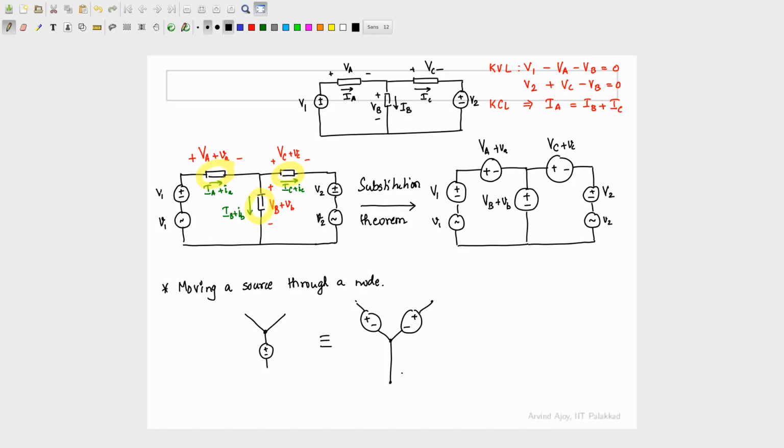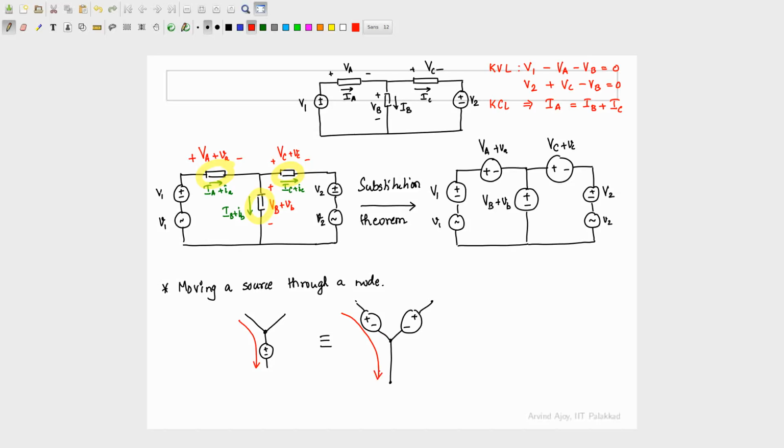This means, if I have, for example, some connection like this, some node, and say I have some voltage source here, this is identical to moving that same voltage source here and there and having it this way. No, I didn't do it. You might have it in the textbook.